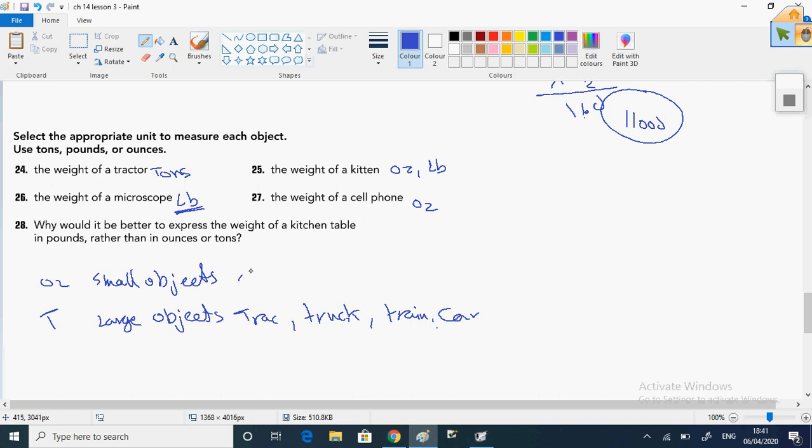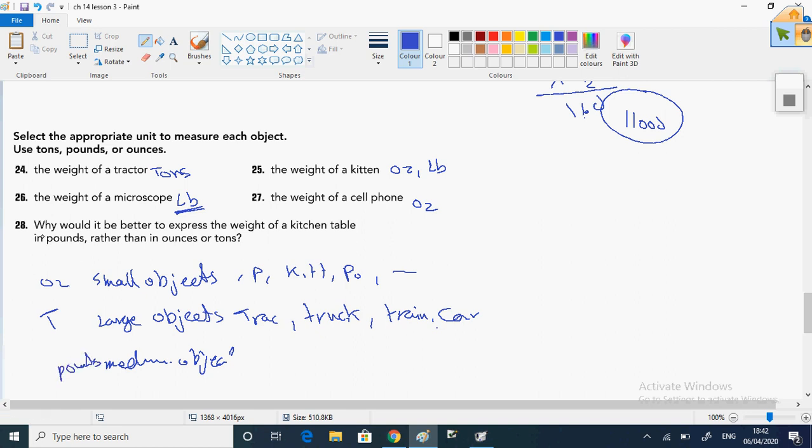Small objects like pencil or kitten or puppy or something like that. But for medium objects, we will use, I can say, pounds.